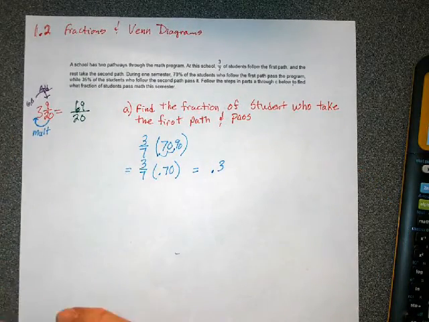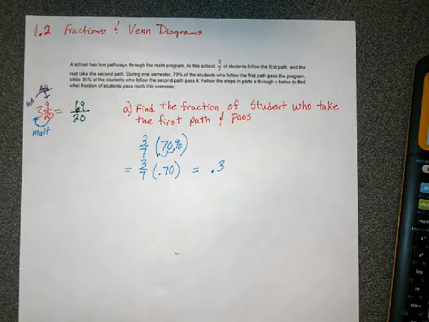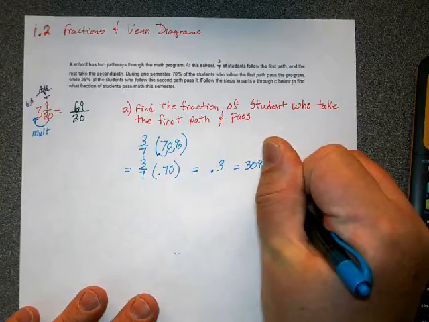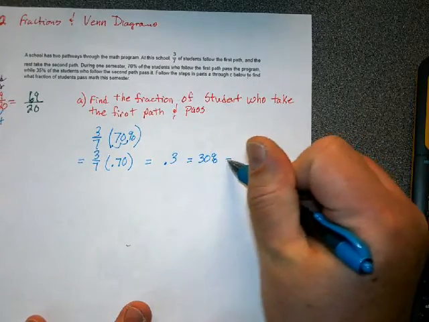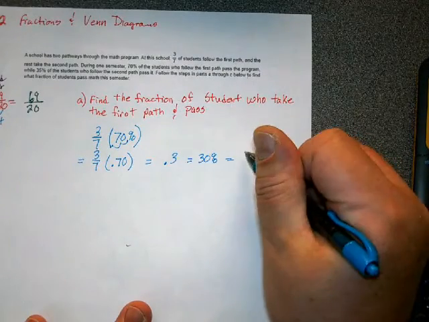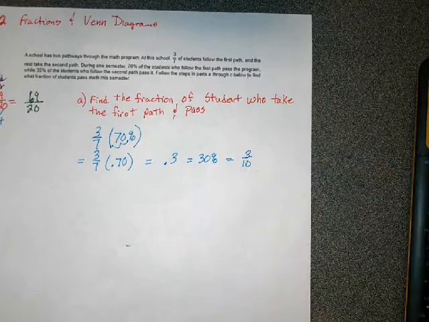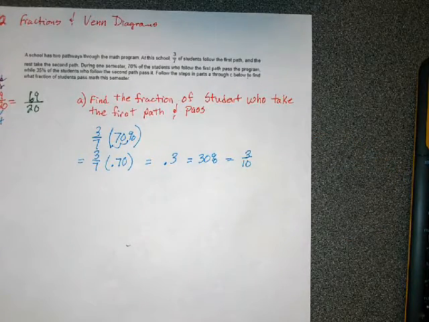Okay. 0.3, 30%, or if we want to write that as a fraction, how do you write it as a fraction? 3/10, right? 0.3.